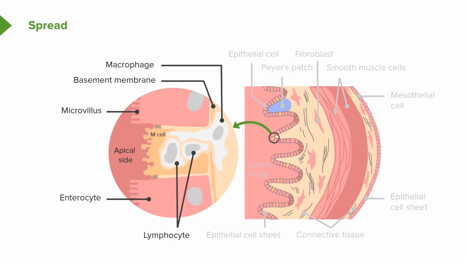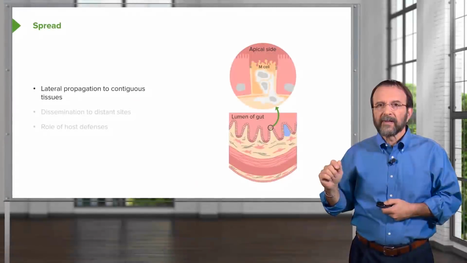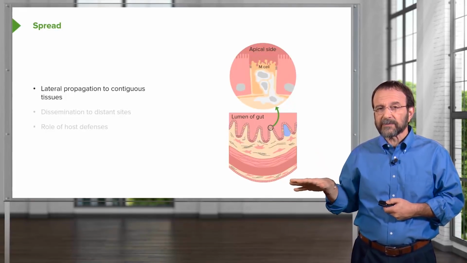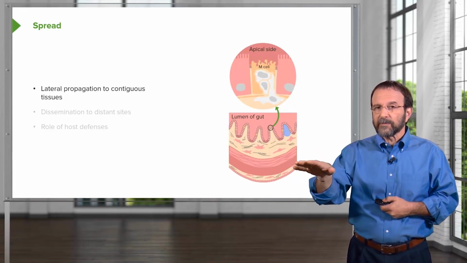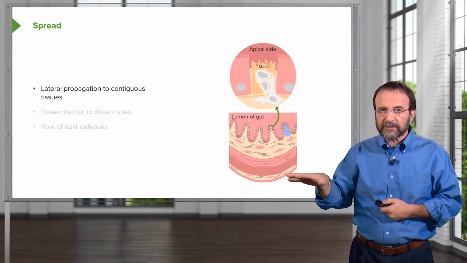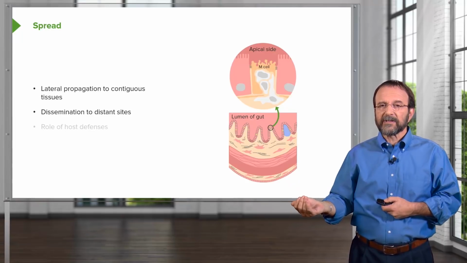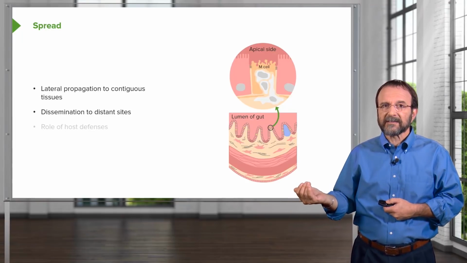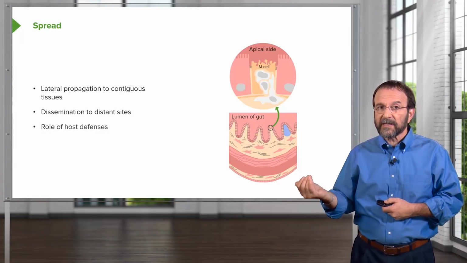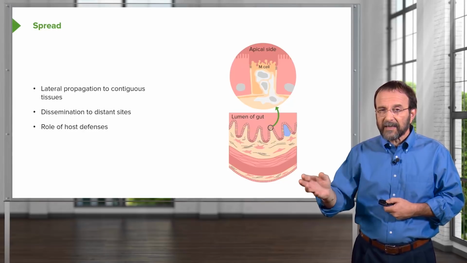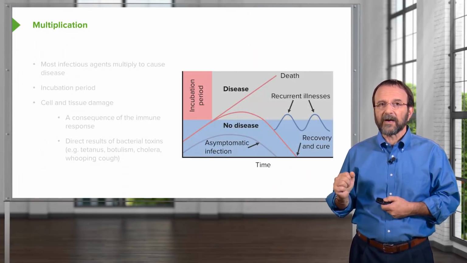Both the enterocyte and the M cell can be points where pathogens can cross into the underlying tissues. Once a bacteria has adhered to the epithelium, which many do, as we'll talk about later, they can move laterally, reproduce, and move across to contiguous tissues, or as I said, they can penetrate the epithelial sheet and disseminate to distant sites. Our immune defenses play a big role in limiting such incursions, but they don't always win, and bacteria do enter the rest of our body.